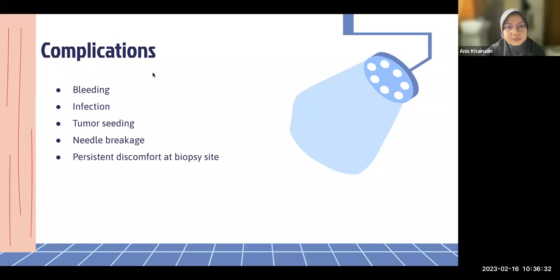Okay, so there are a few complications for this procedure. First, bleeding. However, bleeding is usually very, very minor, and a pressure dressing is usually helpful to stop the bleeding. Or actually, I forgot to mention just now.